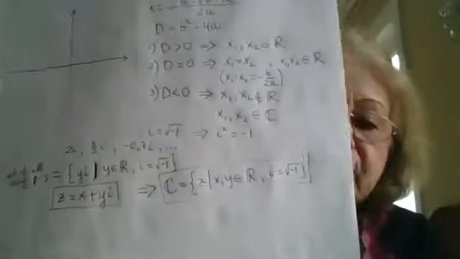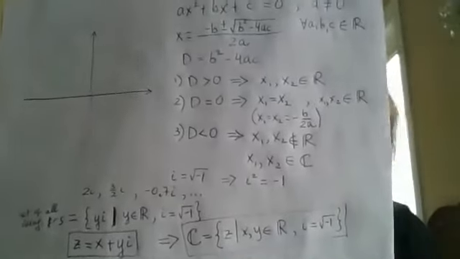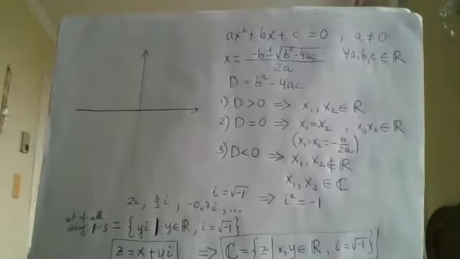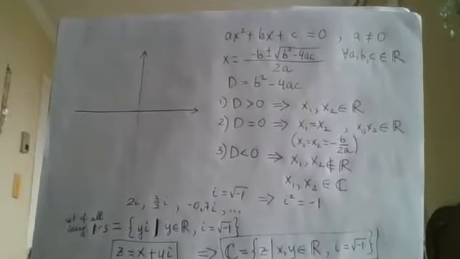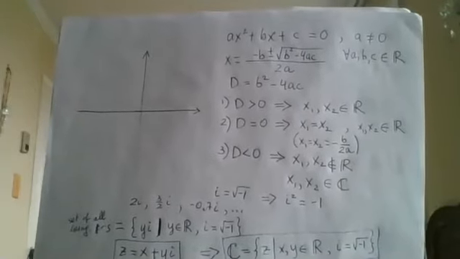I did not say Y times I, just X and Y belong to set R. I'm going to box it and I will show it to you right now. This is the formula for set C. And now this is the set of all complex numbers.